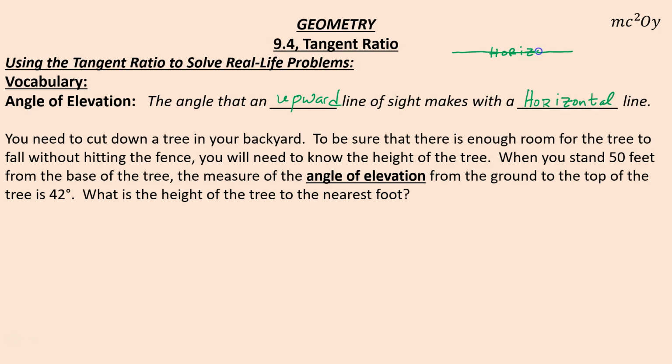You always need the horizontal line. Always. The angle of elevation starts at that horizontal and it goes upward. So the angle swept out by, maybe you're standing here and looking up, that's an angle of elevation.